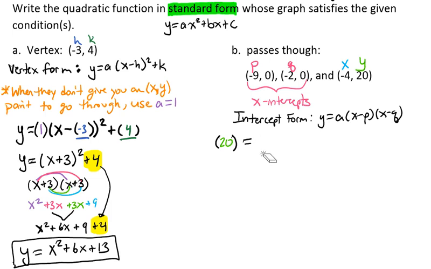Nope, we don't have an a value. It wasn't in one of the things that they gave us, so we'll leave our a there. But it did give us an x value of -4, minus our p value, which is a -9, times an x value, which we have, -4, minus our q value, which is -2.